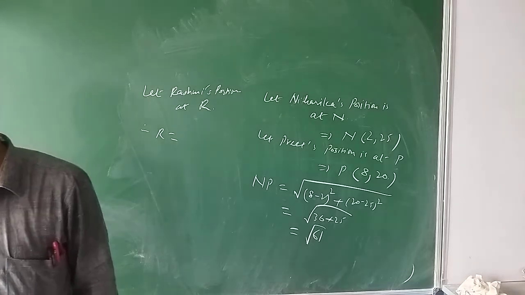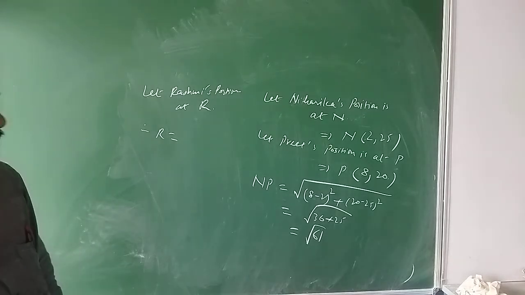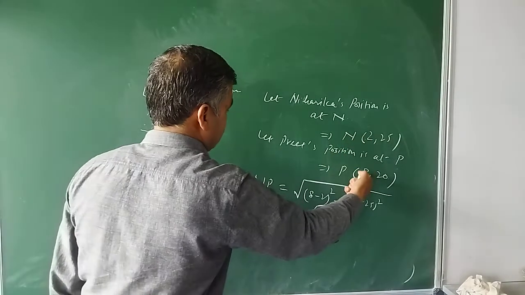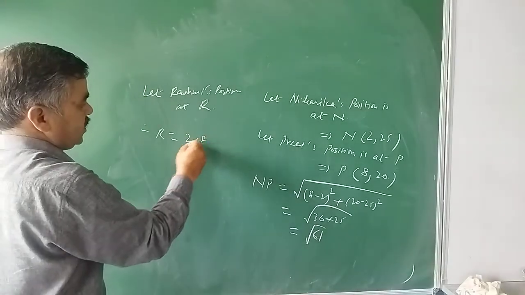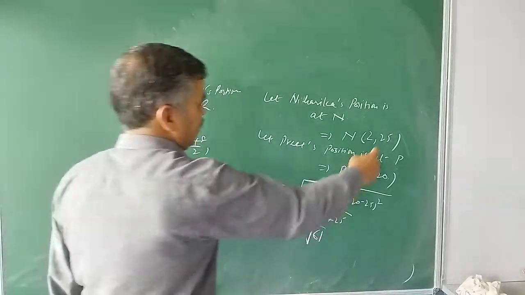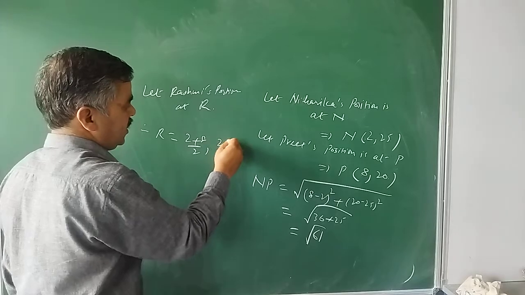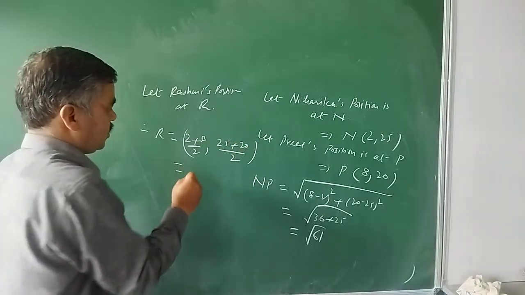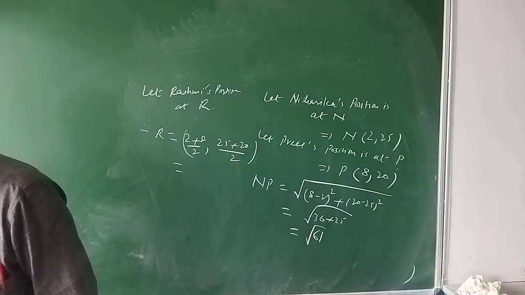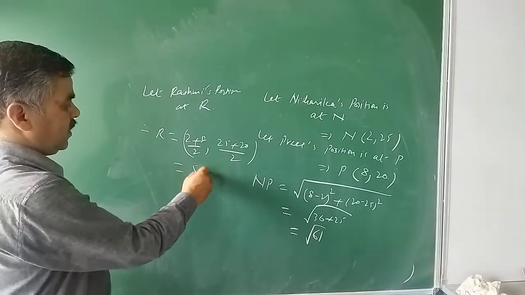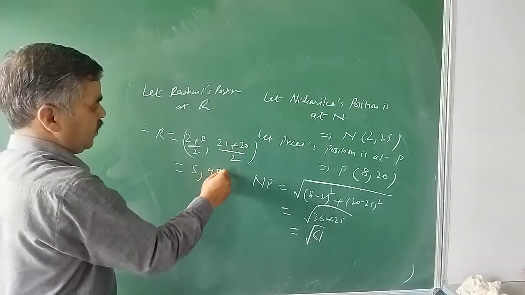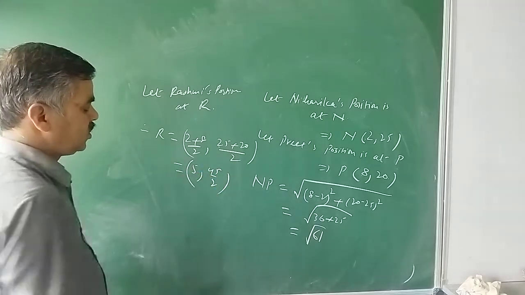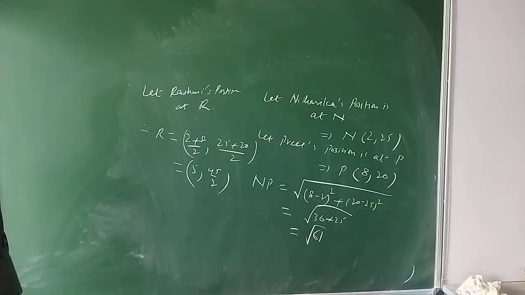So R you have to calculate as x1 plus x2 upon 2, that is (2 plus 8) upon 2, the x coordinate, and the y coordinate is (25 plus 20) upon 2. So it becomes 10 upon 2 is 5, and this is 45 upon 2, I will mention 22.5 also.